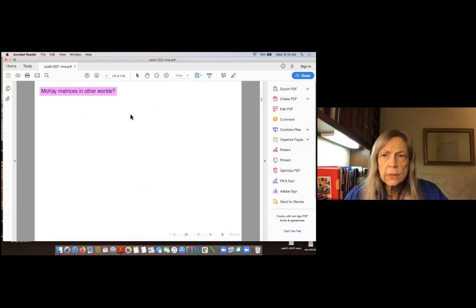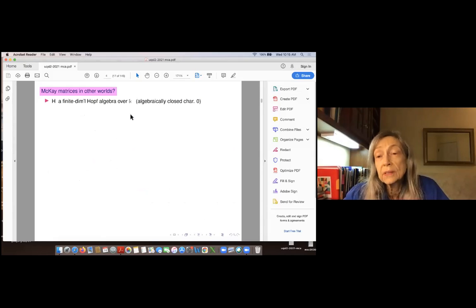So the question you could ask is, are there McKay matrices in other worlds? A good other world to look at is the world of finite dimensional Hopf algebras, because we have a tensor product. So I'm going to take a finite dimensional Hopf algebra H over an algebraically closed field of characteristic 0.